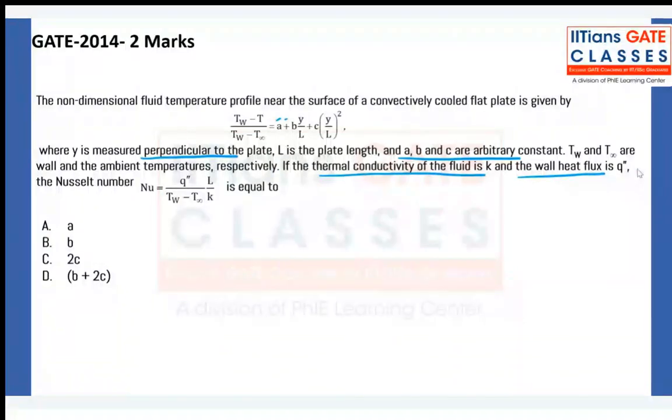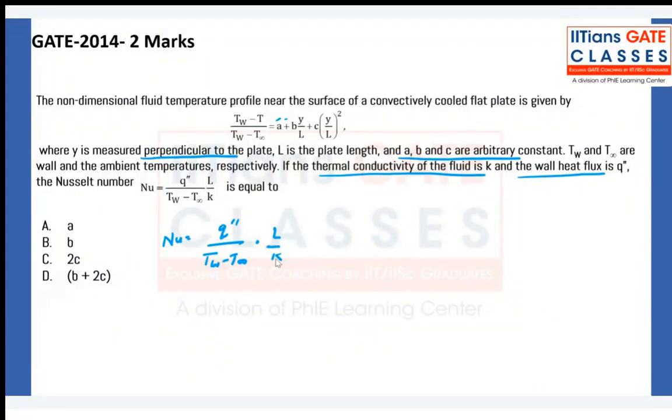Okay? So they are asking for the Nusselt number. Nusselt number is given by q double dash L by k times (T wall minus T infinity). So how do I calculate the Nusselt number? The heat flux is in watt per meter square.